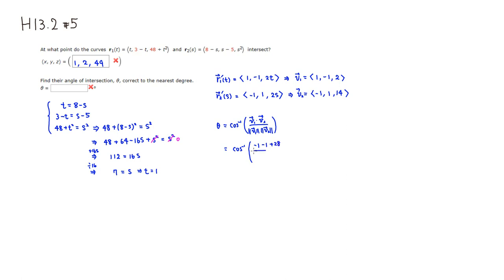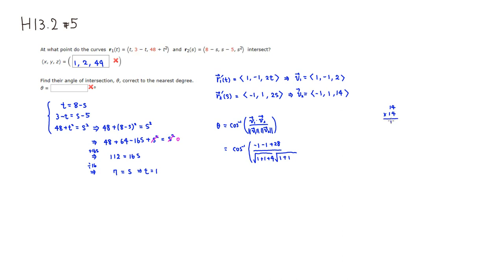Divided by the magnitude of v1, which would be the square root of 1 squared is 1, negative 1 squared is 1, and 2 squared is 4. Then the square root of negative 1 squared is 1, 1 squared is 1, and 14 squared, what's 14 times 14?